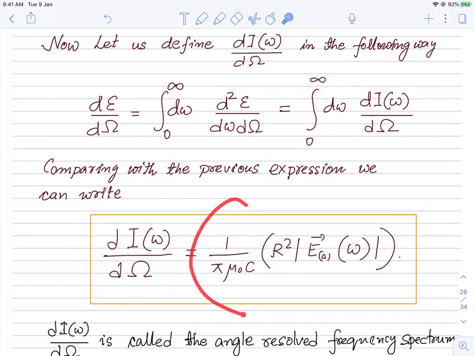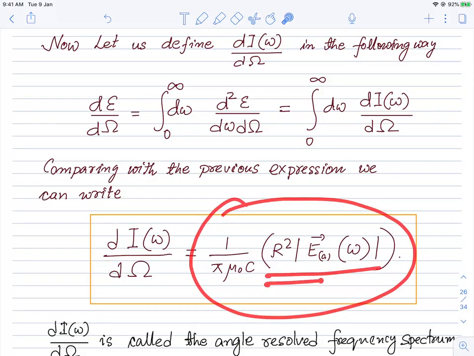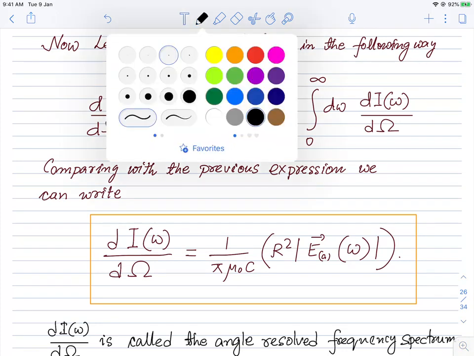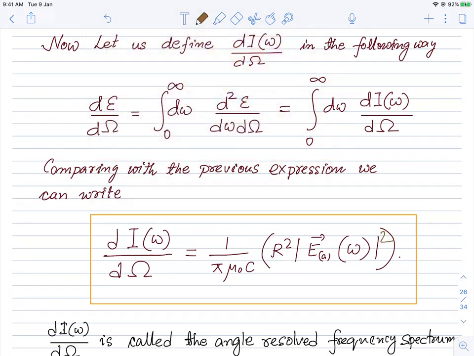So what this object gives you, very neatly, is the spectrum in terms of the Fourier transform of the electric field. If you like, the angle resolved spectrum is given in terms of the Fourier transform of the electric field. Sorry, I think I have missed a factor, a square here.